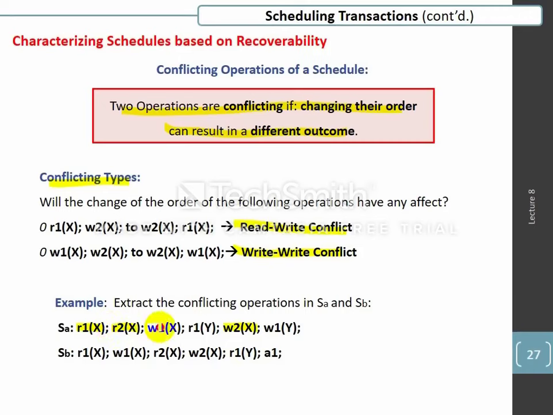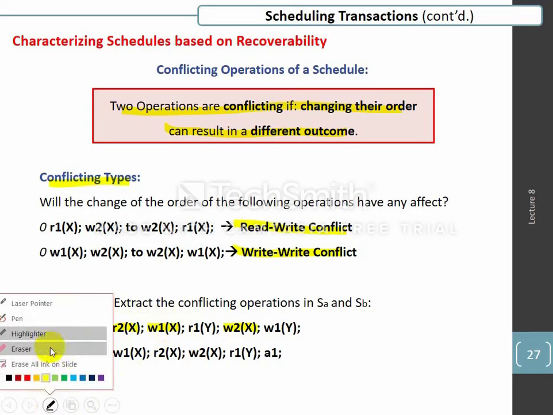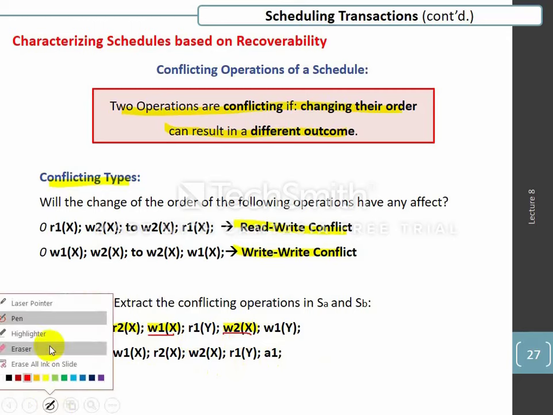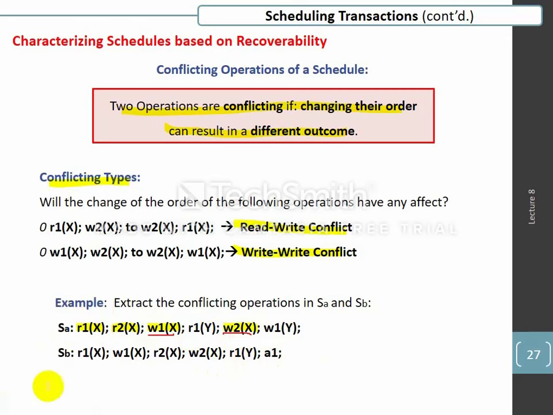Write 1x, this is a read-write conflict. Then write 1x, we search for write 2x. This is a write-write conflict. We have three conflicts in this schedule.